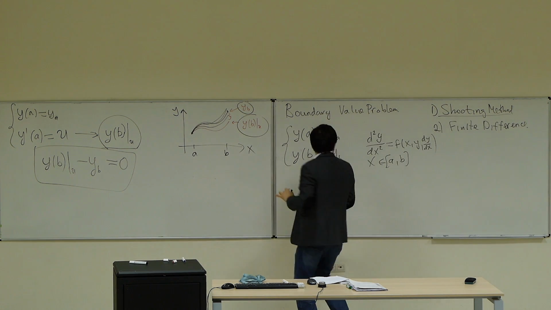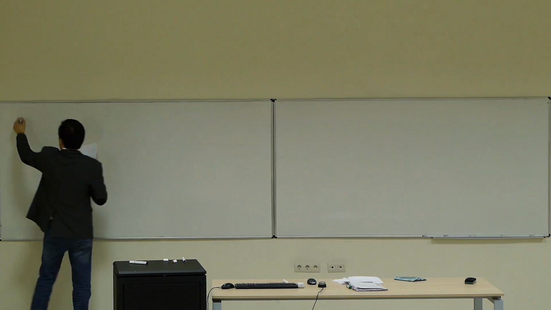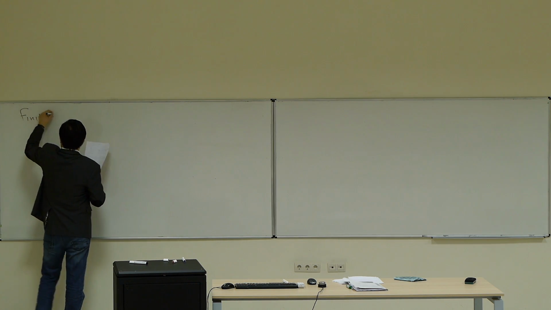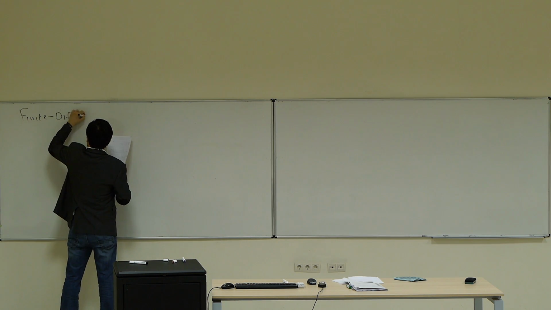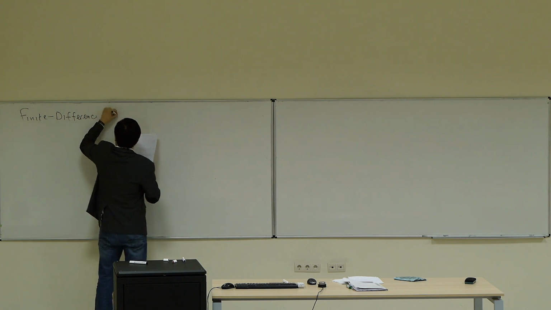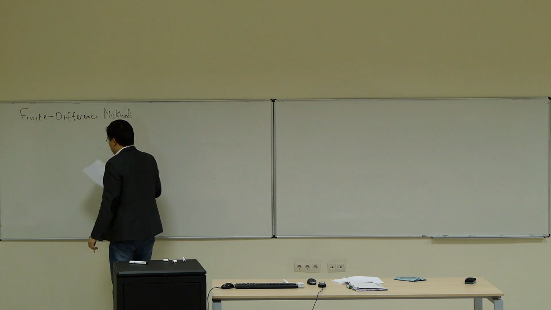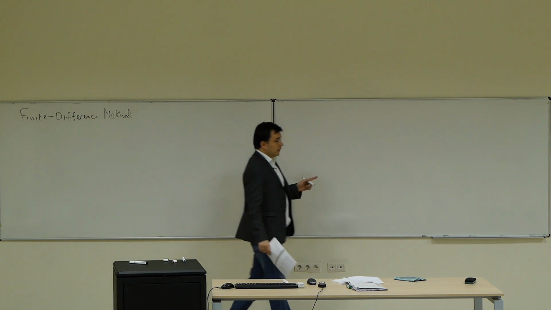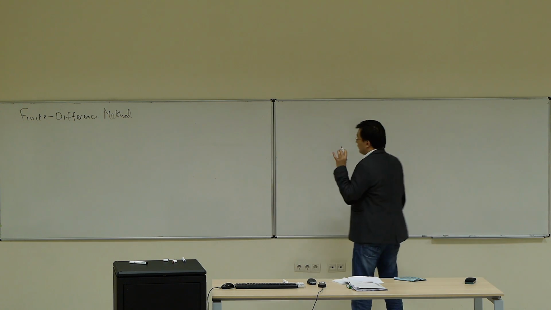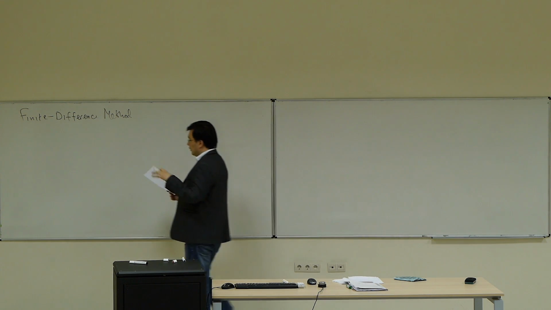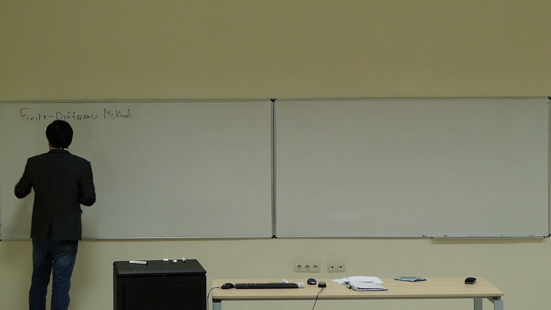Next thing we will discuss is the finite difference method for the solution of a boundary value problem. In order to demonstrate it, I'm going to consider a very specific ODE that describes some physics problem.